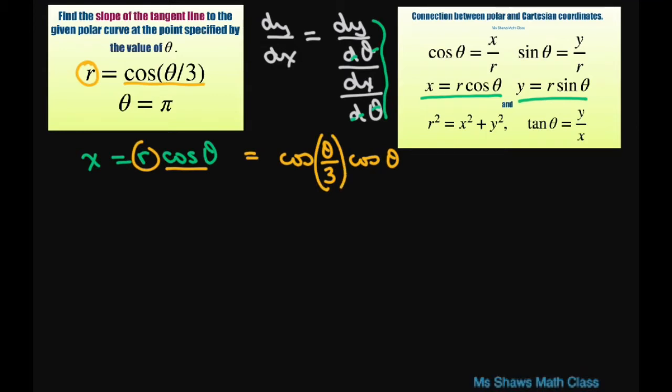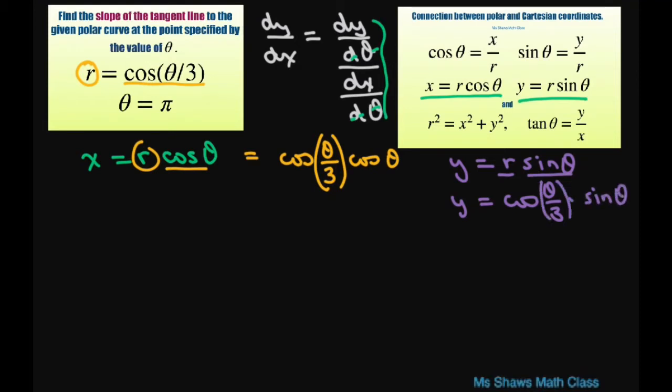And we do the same thing for y. Y equals r sine of theta. So substituting in your r, we're going to get y equals cosine theta divided by 3 times sine of theta.